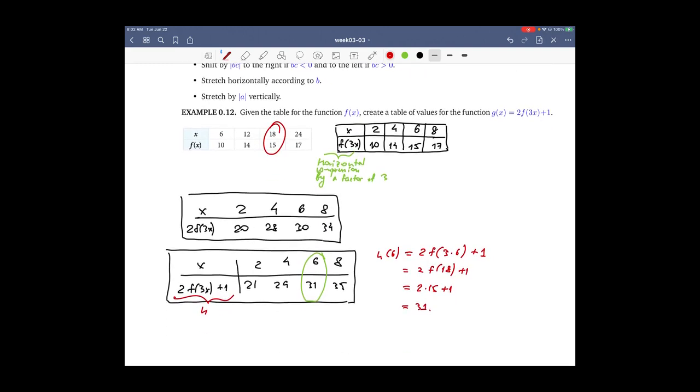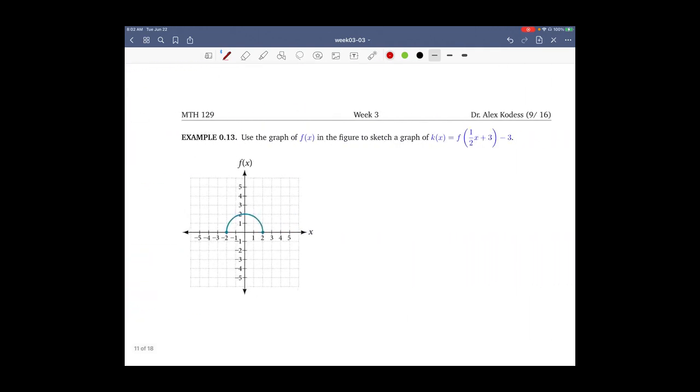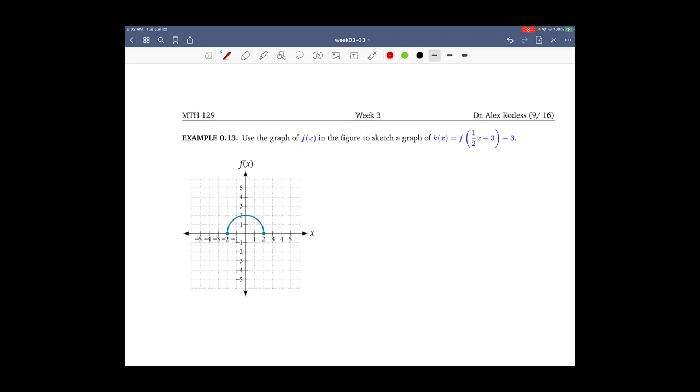Okay, let us now look at a graphical example. Use the graph of f given in the picture to sketch the graph of the function k, which is f at 1/2 x plus 3, and outside parentheses, negative 3. We will give two solutions to this problem, and both of them I'll show you on Desmos.